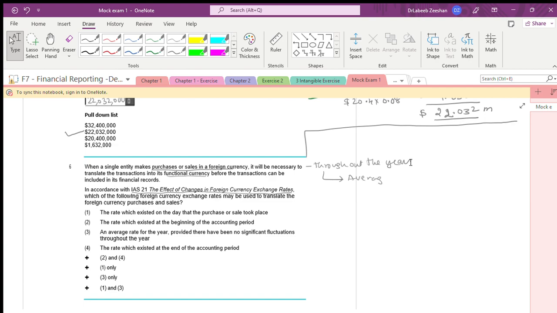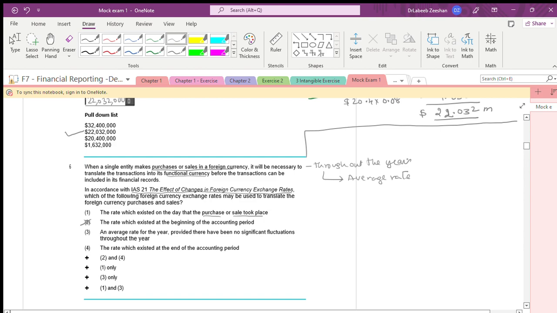We have to take the average rate. We should not take the rate which exists at the beginning of the period. We will never take the beginning into consideration because it happens throughout the year.